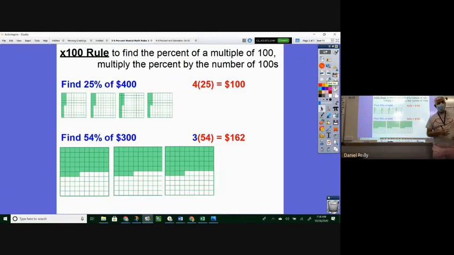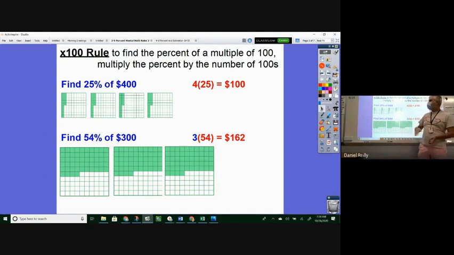Sometimes you're asked to find the percent of a number that's a multiple of 100. Like 25% of 100 is 25, but 25% of 400 would be that 25 multiplied by 4.